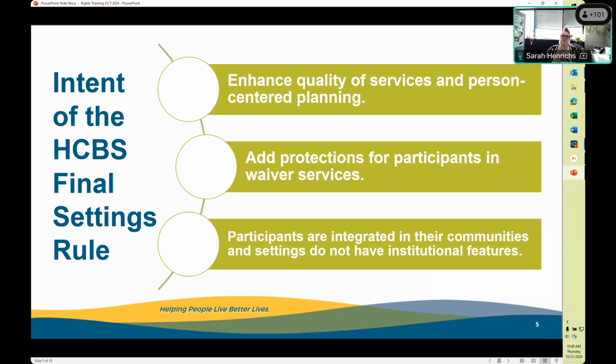The issue that CMS found is that we really only changed folks' geography. Instead of folks living all together in one big state operated institution like BSDC, we created dozens or hundreds of tiny little institutions that weren't really operating very differently from a place like BSDC, as far as really being truly integrated in the community and preserving participant rights and all of those things.